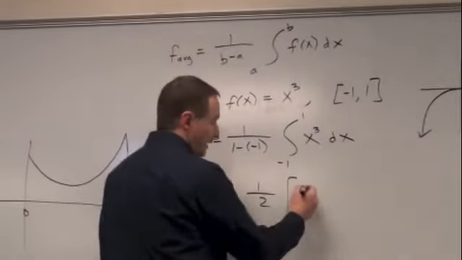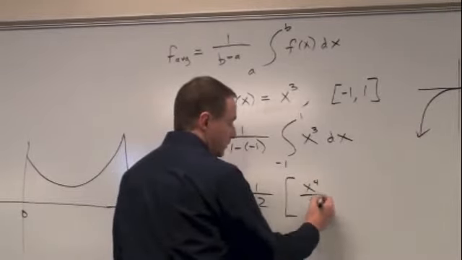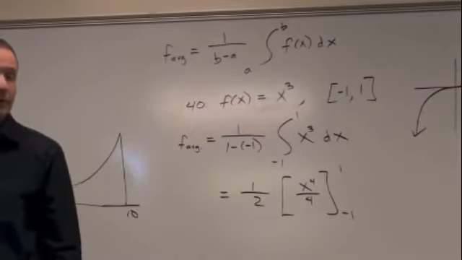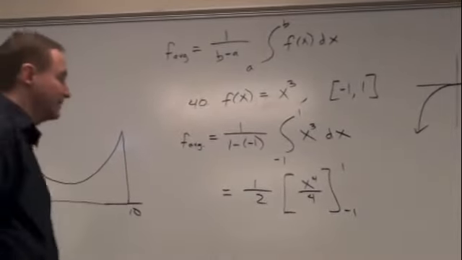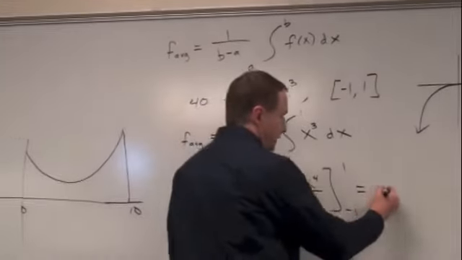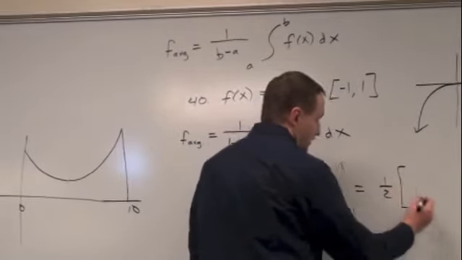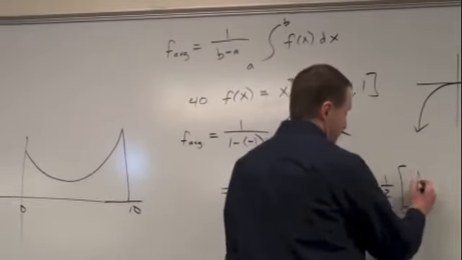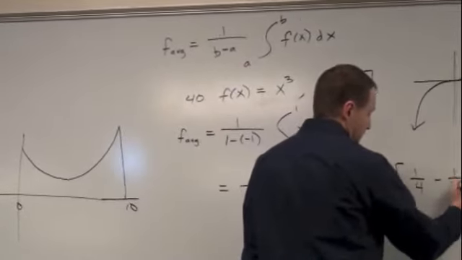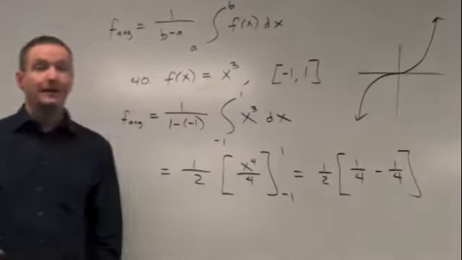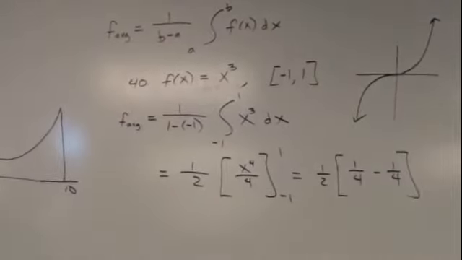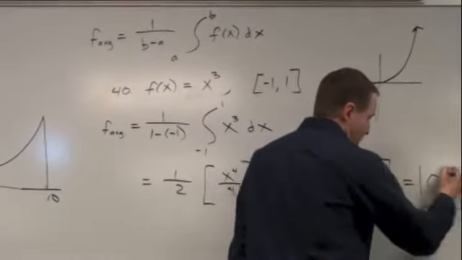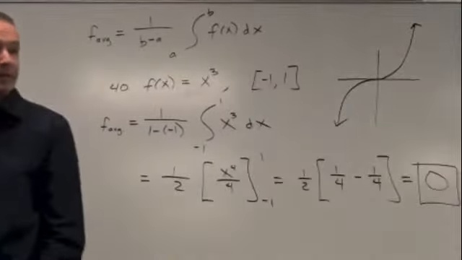When I integrate this, I get x to the 4th over 4, evaluated from negative 1 to 1. And now I see why, yes, I'm going to get an answer of 0. Because it doesn't matter whether I plug a 1 in or a negative 1 in. I'll get 1/4 minus 1/4. Top limit minus the bottom limit. And I'm getting, well, 1/2 times 0 is 0. Which graphically, we already knew 0 had to be the answer.